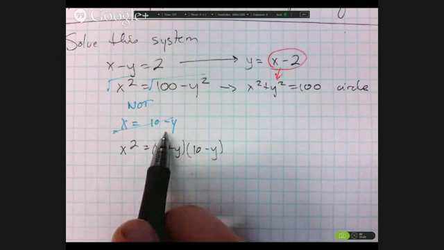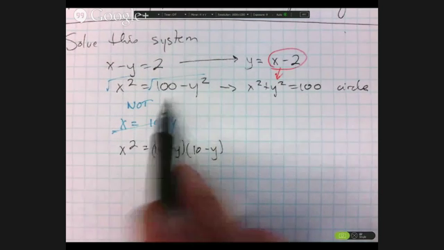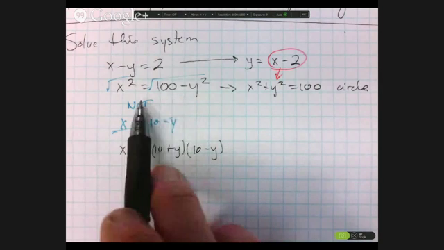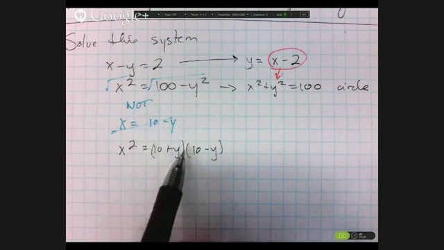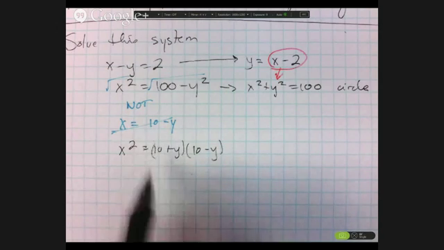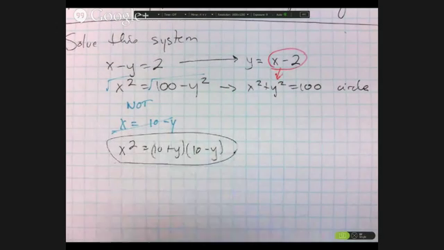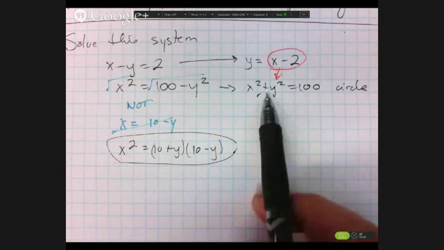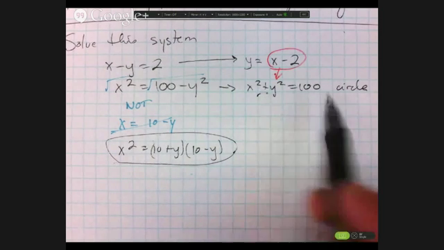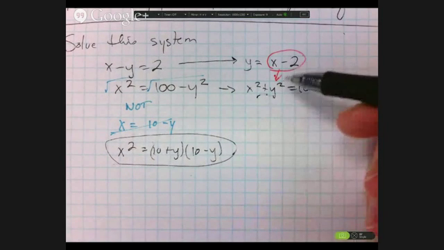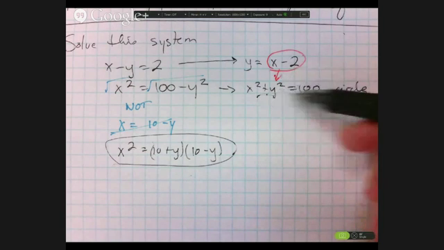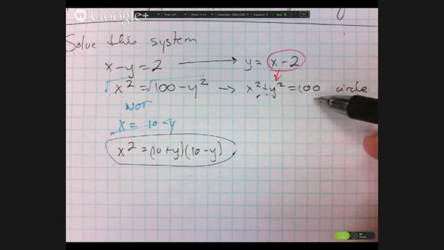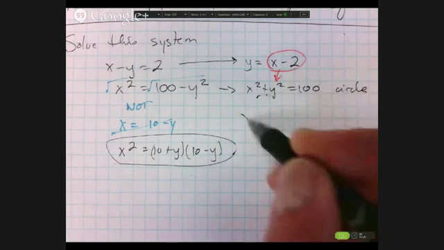So keep in mind that that's not something you can use algebraically. Okay, so this is what that looks like when you factor it. You can't do that here either for the same reason. The idea with all of these is to get one variable in here and solve for that variable.